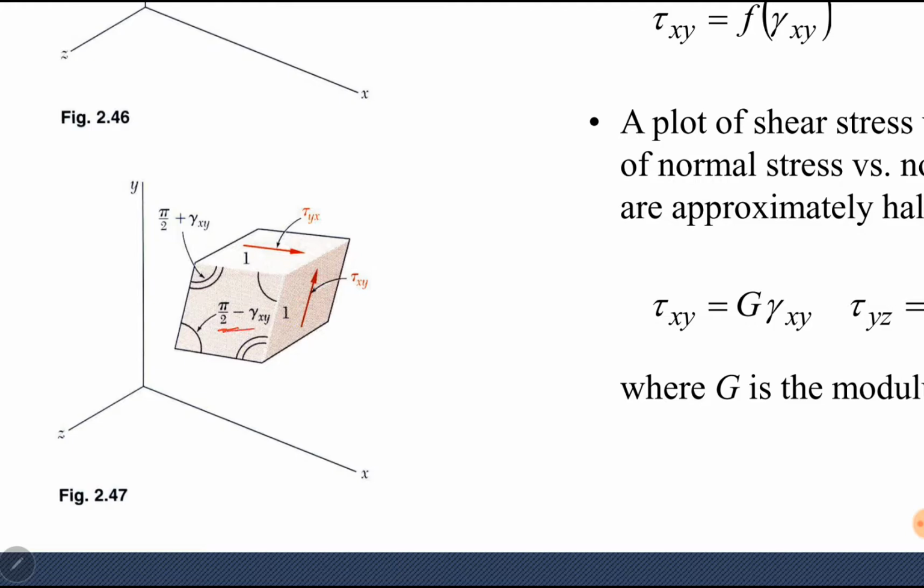They are pi by 2, or 90 degrees, minus gamma, and two of the angles have increased by the same amount, which is pi by 2 plus gamma. The increase in the angle between two of the sides is equal to the decrease in the angle between the other two sides.